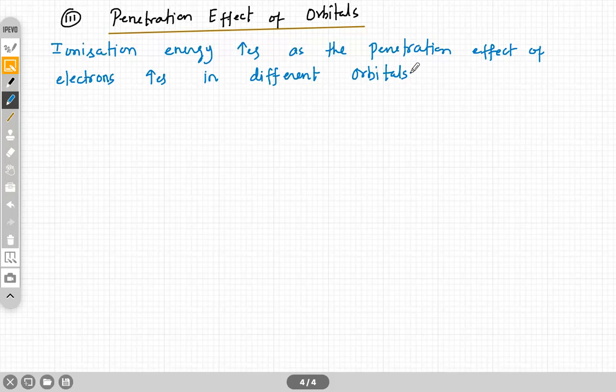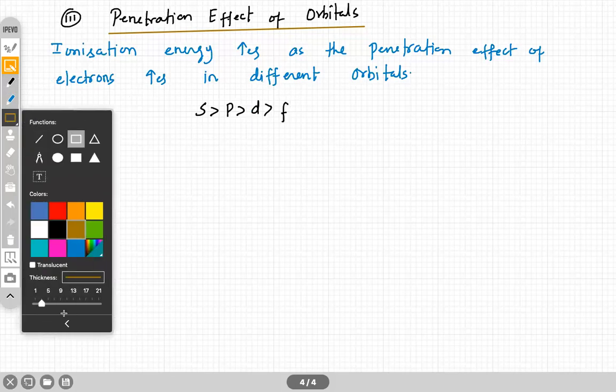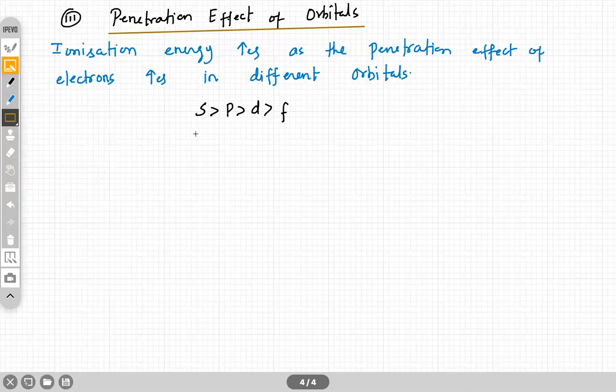Like if the electron is present in an s orbital, its penetration effect is maximum. The order of penetration effect is s, then p, then d, and then f. This order is based on the shape of the orbital. Spherical shape, we have the s orbital, so it has the most penetration. Penetration means it is strongly attracted towards the nucleus.